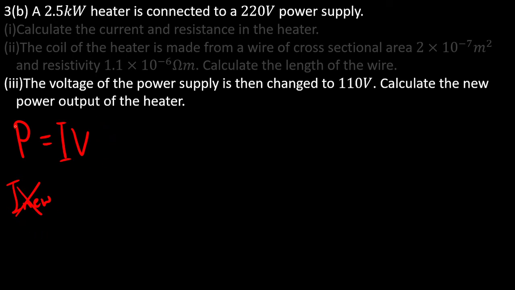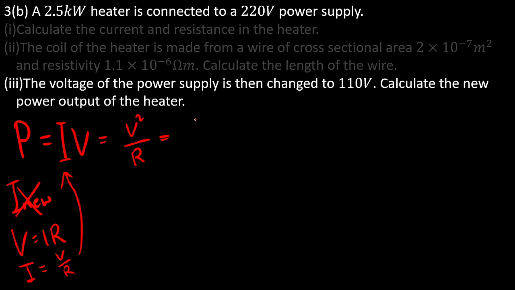So I can express this equation as a function of resistance. Just to remind you, V equals IR. I don't want I, so I rearrange this into I equals V over R. I substitute this in here, and what I will get is V squared over R. That would mean the new power is the new voltage, 110 squared, over the resistance, which is 19.4 ohms.